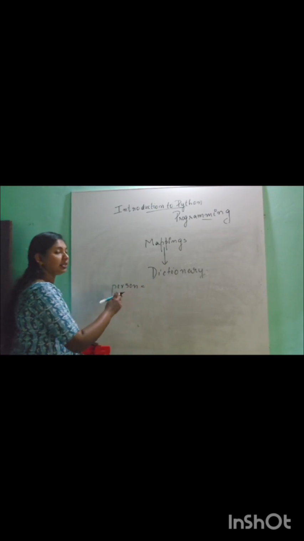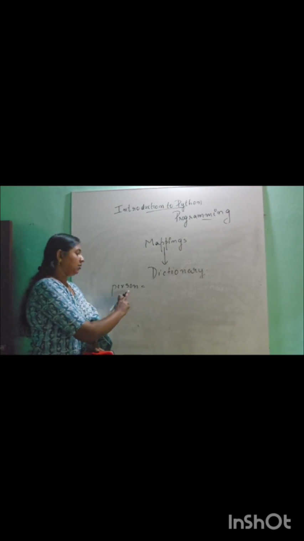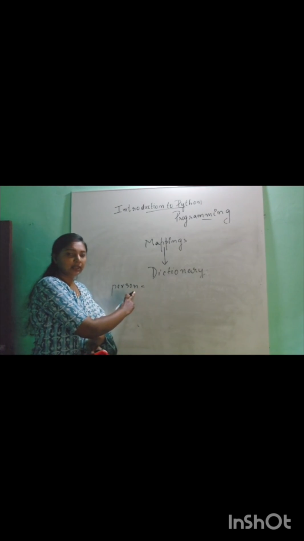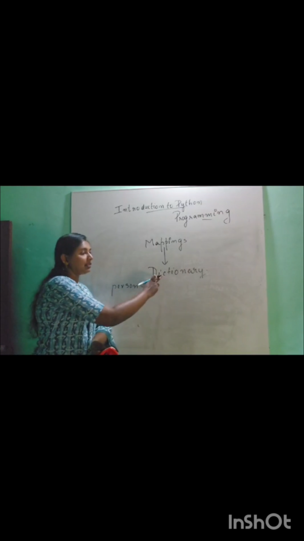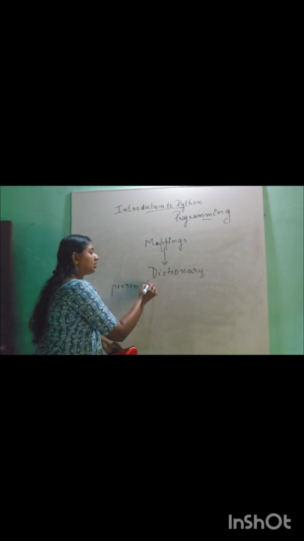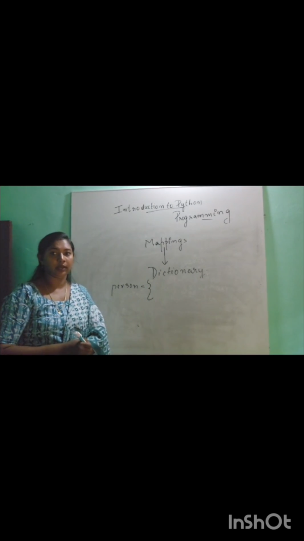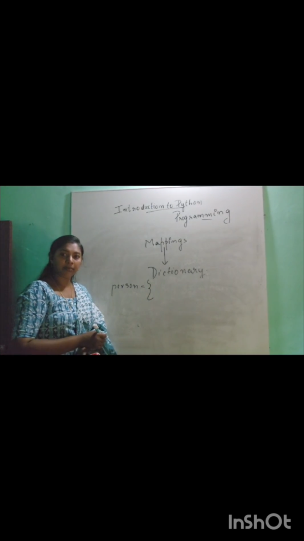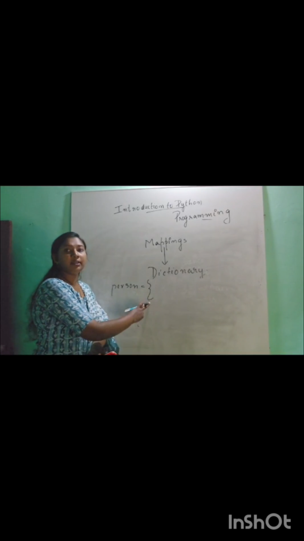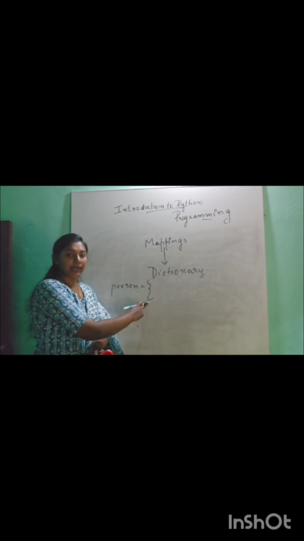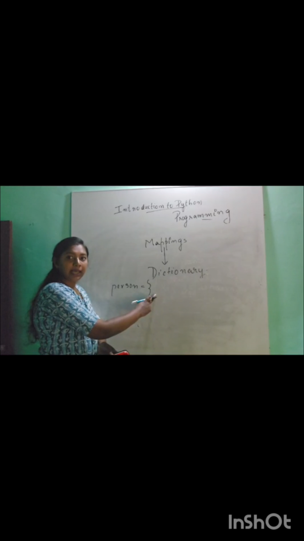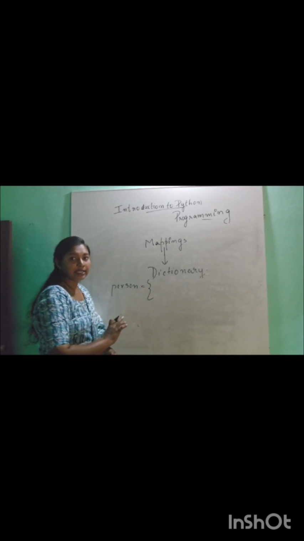This person is the name of the dictionary, or rather, an object that points to the class dictionary. A dictionary is created using curly brackets. A list is created using square brackets. A tuple is created using parentheses. For creating a dictionary, you have to use curly brackets. Inside these curly brackets, the values are stored as key value pairs.